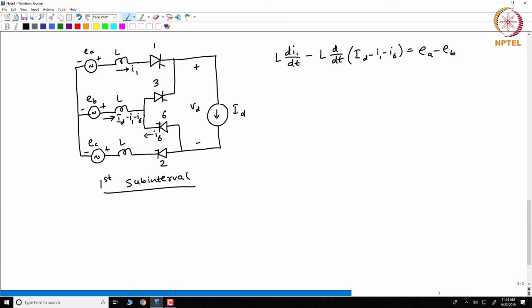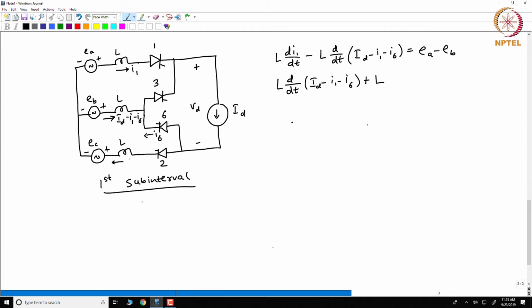So if I take the second loop and apply Kirchhoff's voltage law, I get L d/dt of (Id minus I1 minus I6) minus L. If I take in this direction, what is the current here?